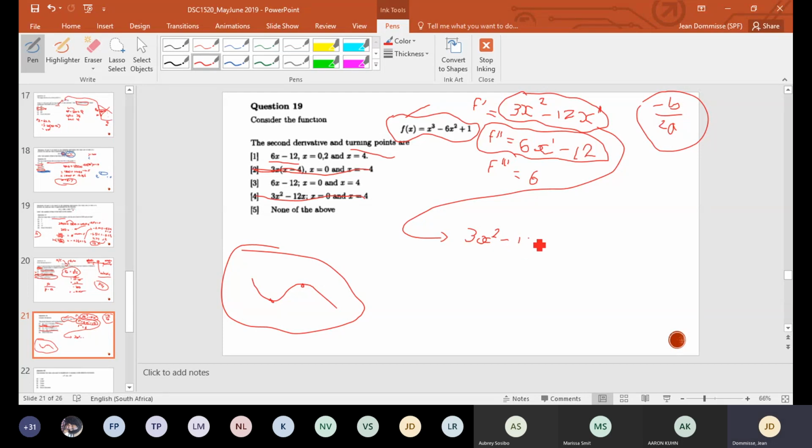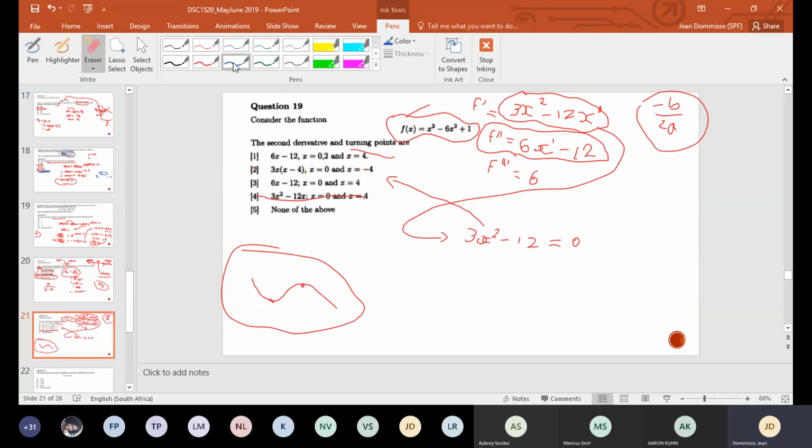Basically, what you need to do is set it equal to 0, and you need to solve the x's. Okay, I'm just looking, there they nearly give us what we need to work with.